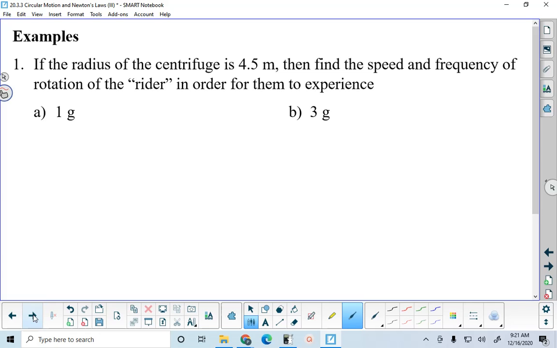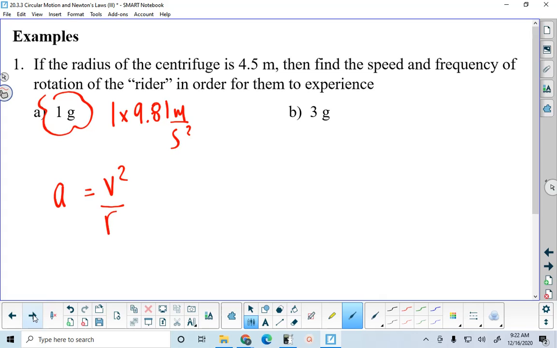So if the radius of the centrifuge is 4.5 meters, how fast does the edge of the centrifuge have to move if you're going to experience 1 g? Well, 1 g means 1 multiplied by a centripetal acceleration of 9.81 meters per second squared.